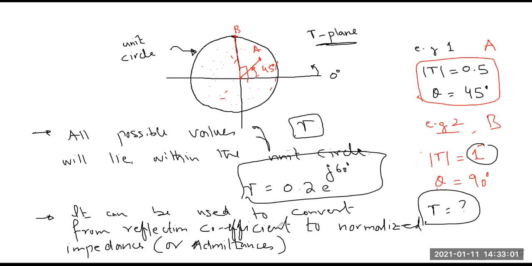It can be used to convert from reflection coefficient to normalized impedances or admittances and vice versa.